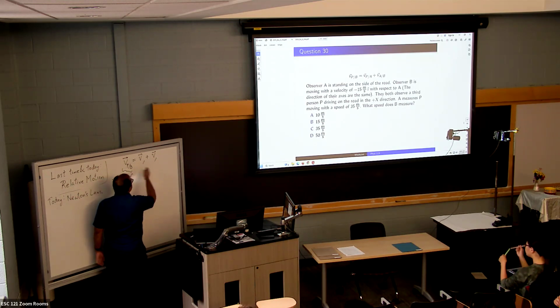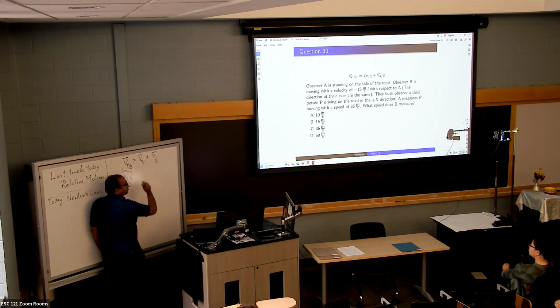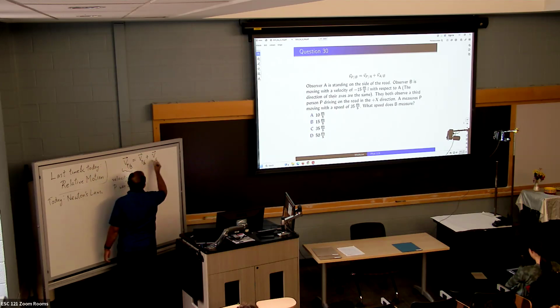The way I remember the order of the subscripts is I think, okay, P is on top over here, so it should be the first one here. B is at the bottom over here, so it's going to be the last one here. And then who's my other observer? A. So that is going to fill in the two middle slots so that they can cancel out.